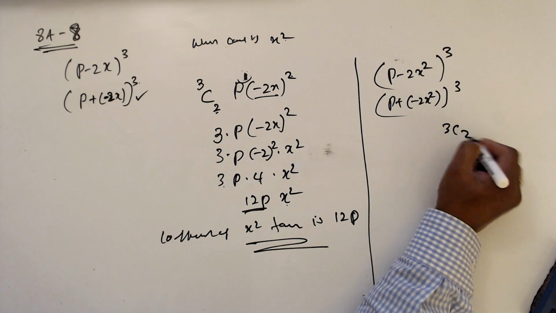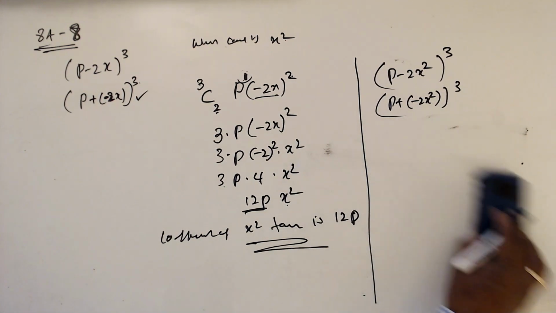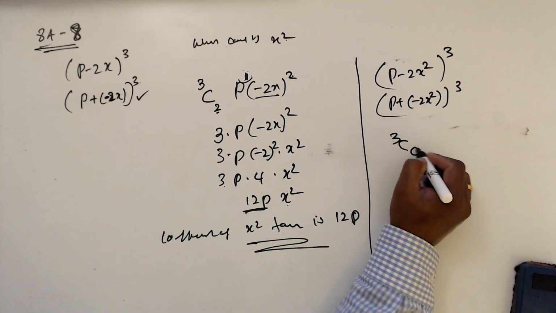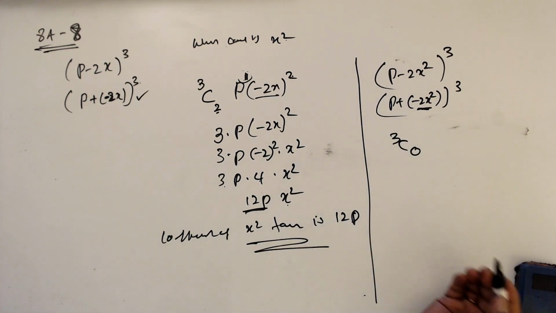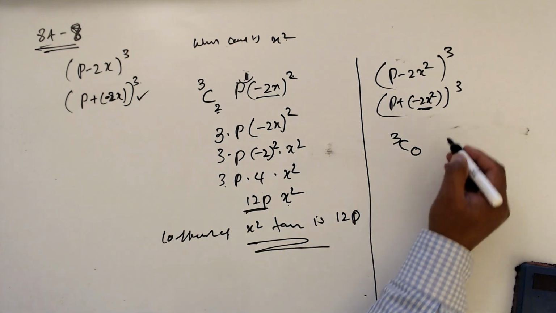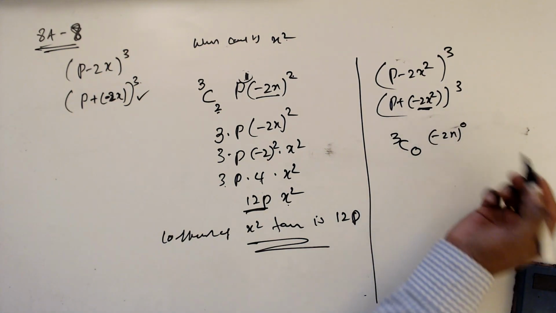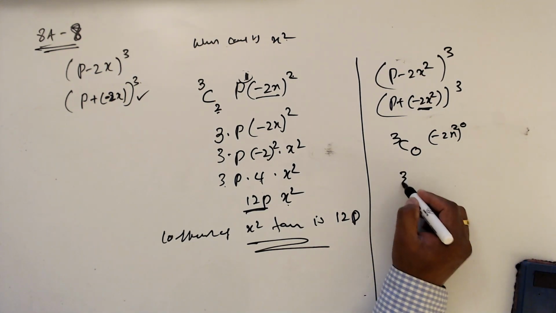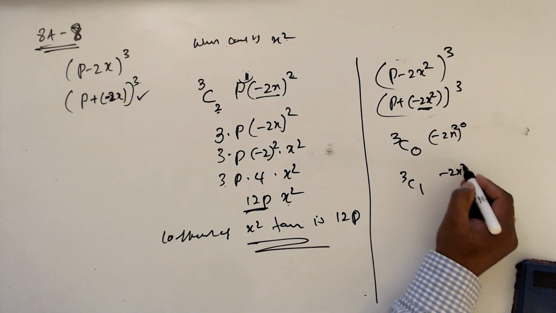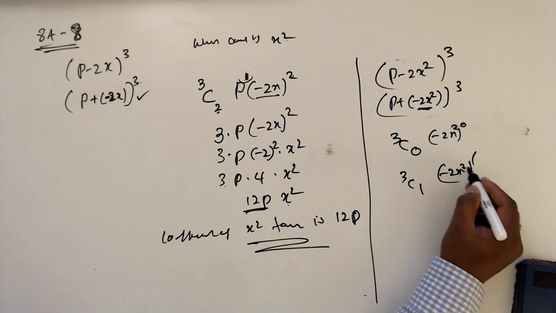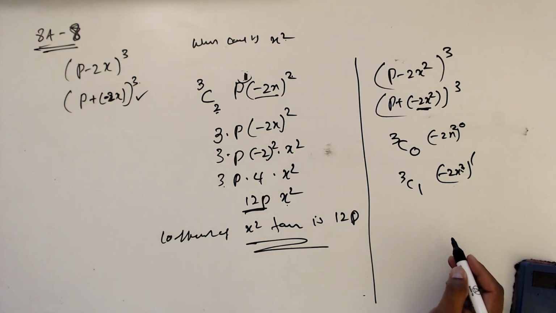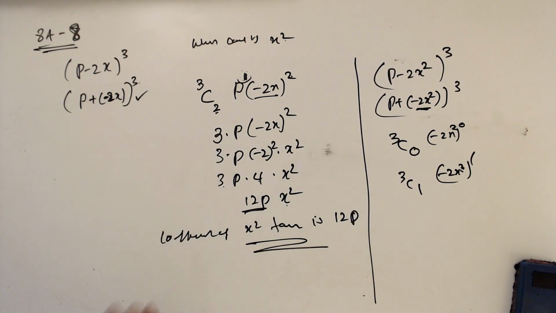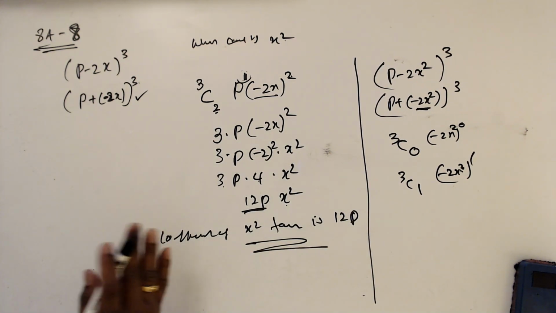Then which term gives it? If you get 3c0, this term is going to be power 0, minus 2x square 0, so that is going to be 1. The next term, 3c1, so minus 2x square to the power 1. Now you get the square here. So likewise, you have to use your brain when you get this coefficient.